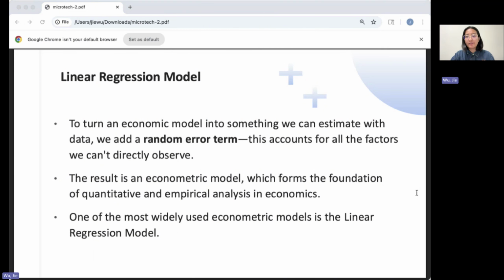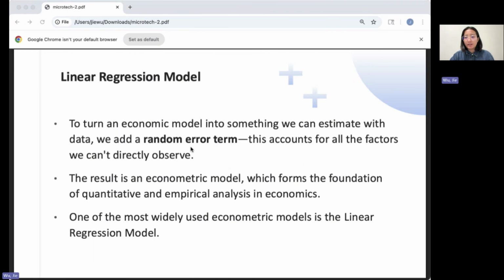In real life, other factors can also influence how much our expenditure is, and there are things that we don't always observe, right? So we can add one random term. It can help us capture everything else that might affect expenditure but isn't directly included in the current model. So when we're doing that, we move from our economic theory to our econometric model, something we can estimate with the data.